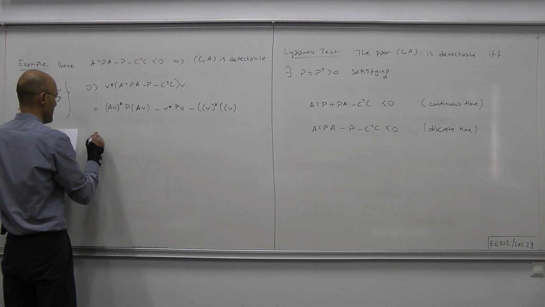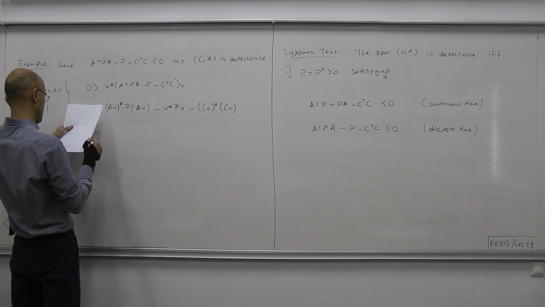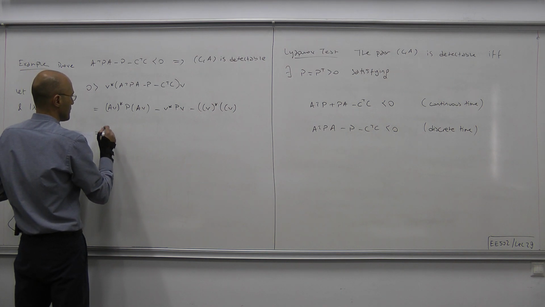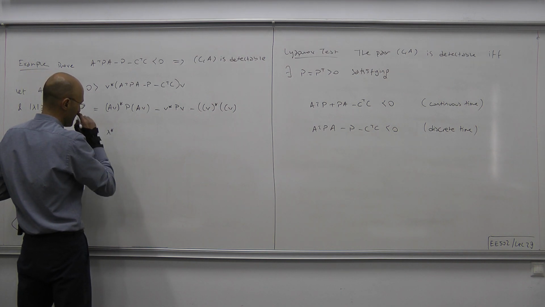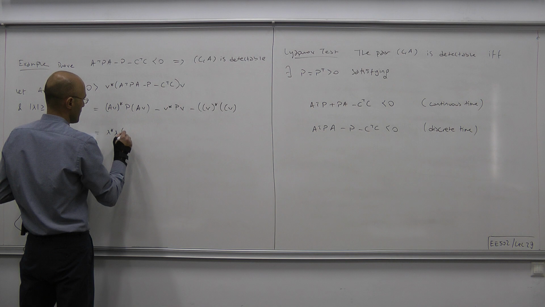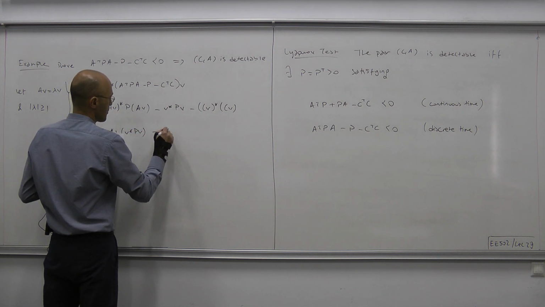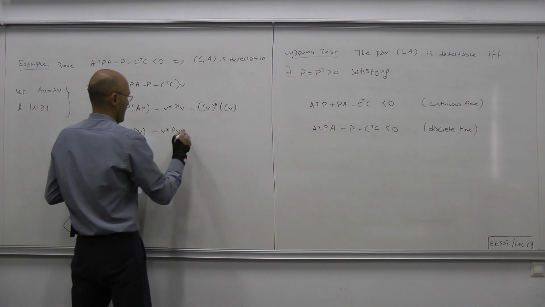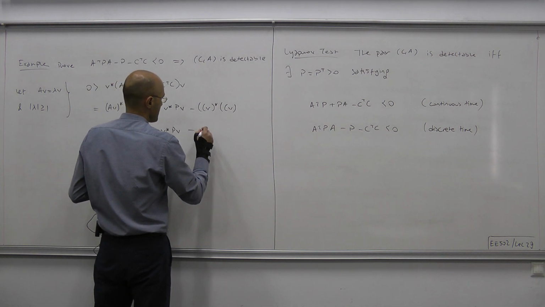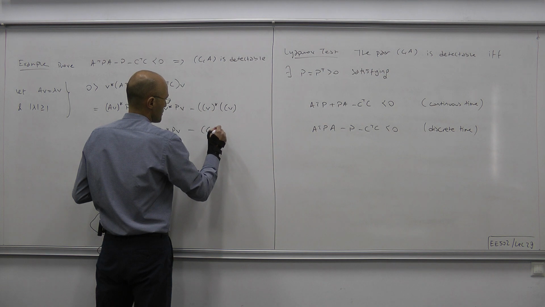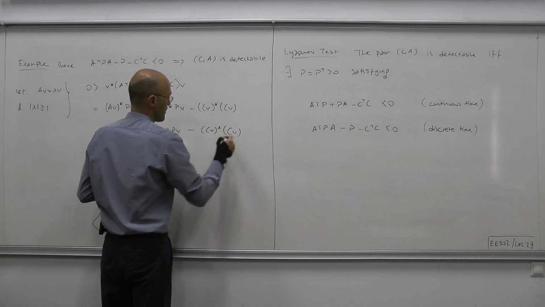Therefore this can be written as, well, let me write it here, lambda conjugate times lambda V conjugate transpose PV minus V conjugate transpose PV, and here we have CV conjugate transpose times CV.